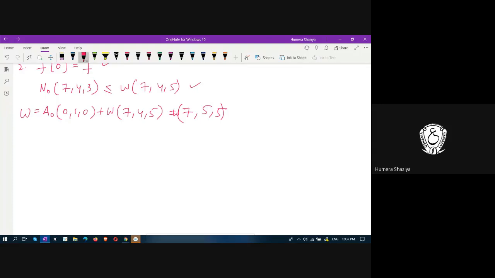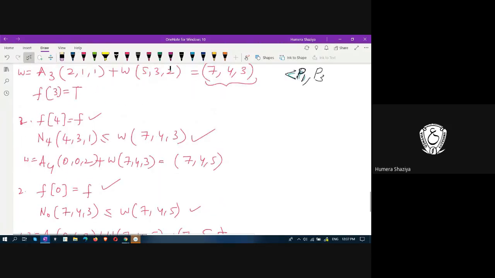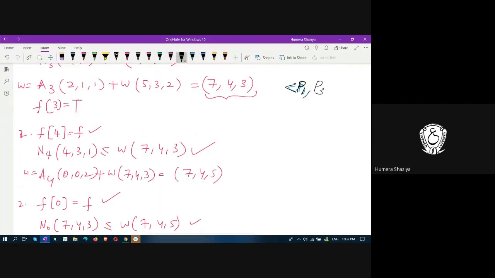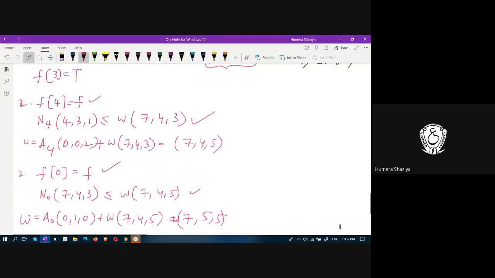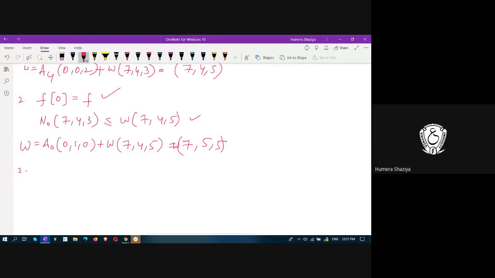Here I have to add P after P3: P4 has finished, and after P4, P0 has finished. Now the leftover one is P2. Finish of 2 is false?